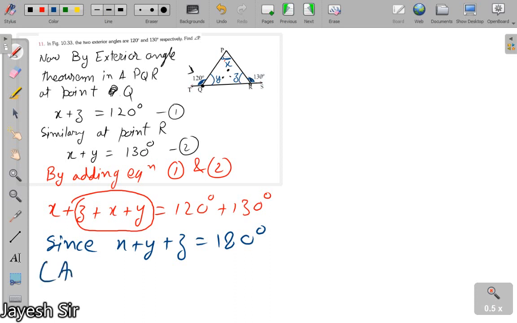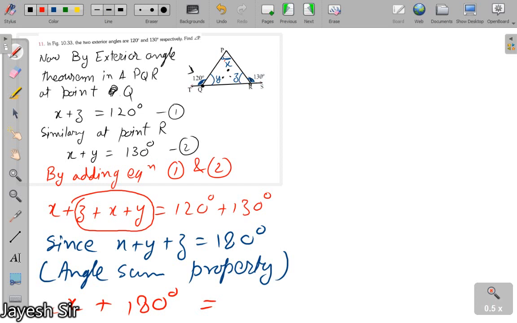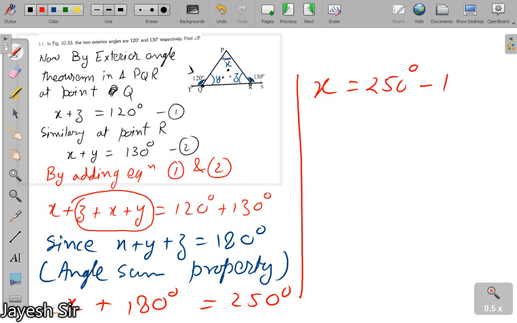Angle sum property. So we will replace x plus y plus z with 180 degree in the above equation. So x plus 180 degree becomes 250 degree, 120 plus 130 is 250. So x will be equal to 250 minus 180, which is 70 degree. Do not forget the sign of degrees.